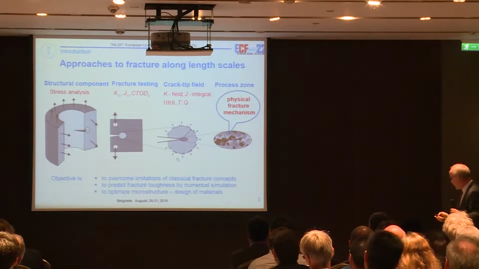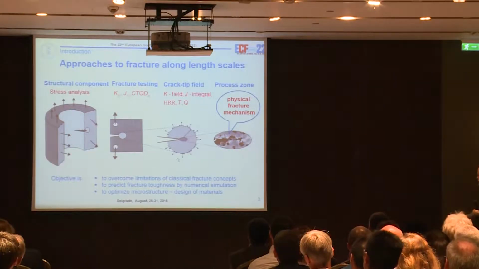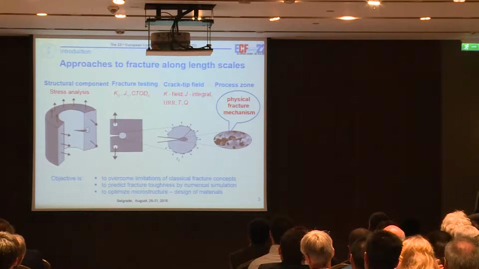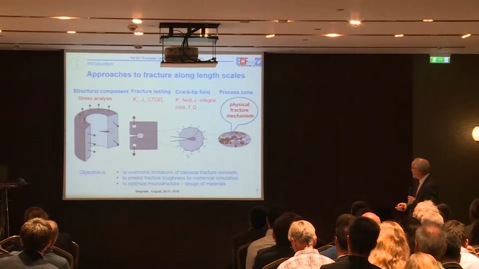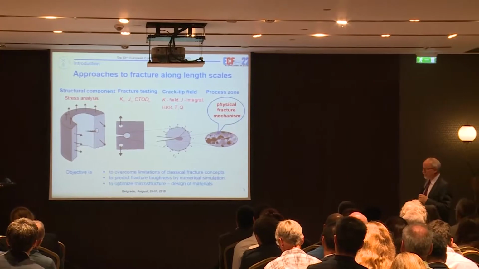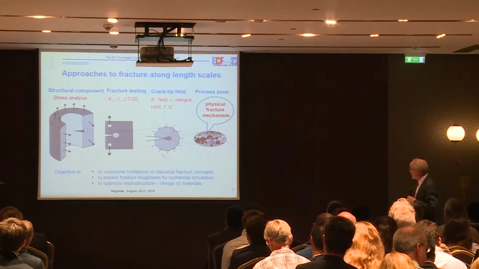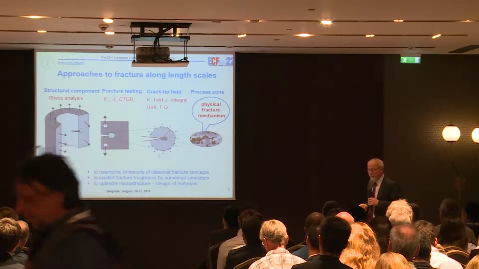And if you want to go deeper and understand what happens, we have to go to the microstructure and explore the physical mechanism of fracture which happens there. So this is required for several reasons, not only for basic research. We know there are limitations in the classical fracture mechanics concepts.